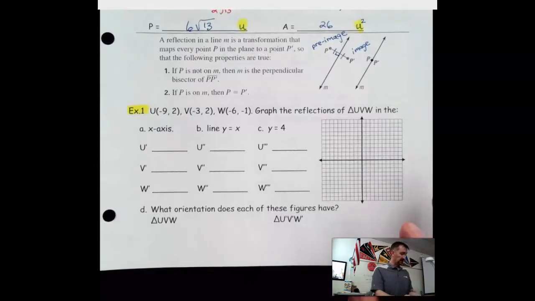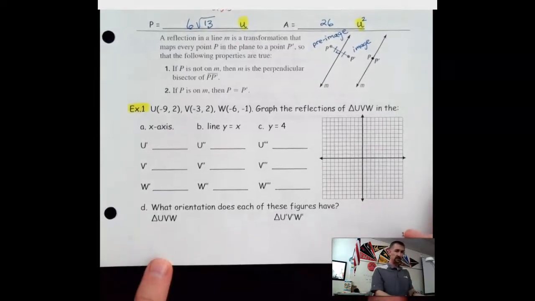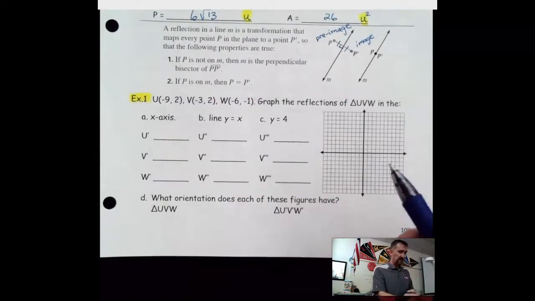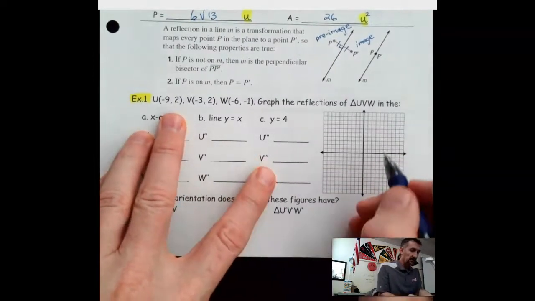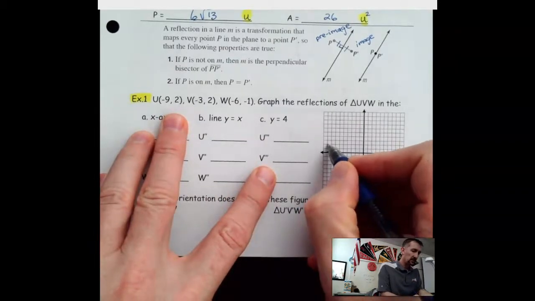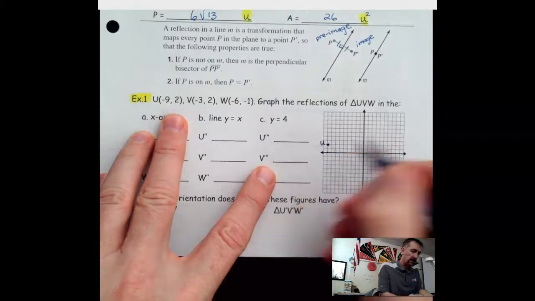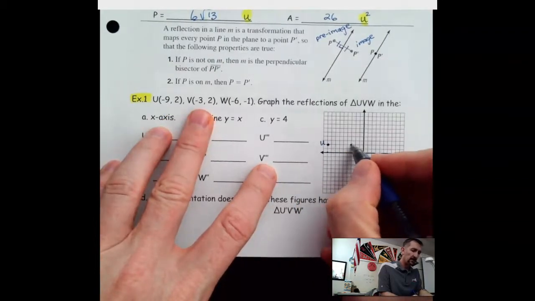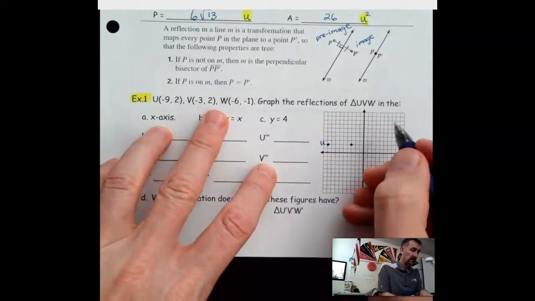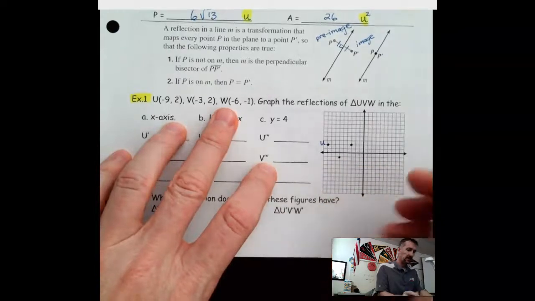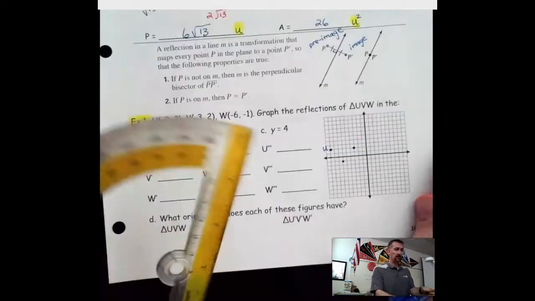Okay, so let's see how this goes. So the first thing we should do is probably to plot the original triangle. So -9, 2 is right there for you, and -3, 2 is right there, and -6, -1 is right here.